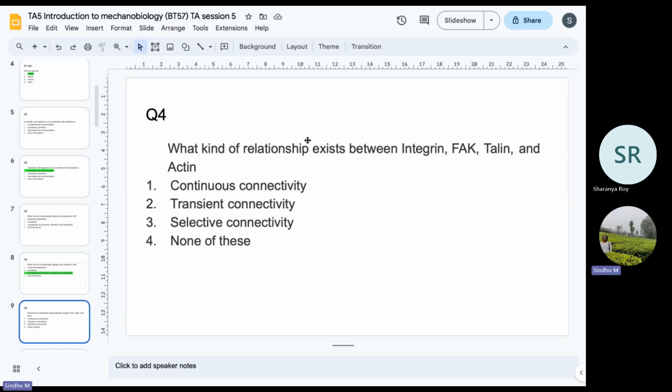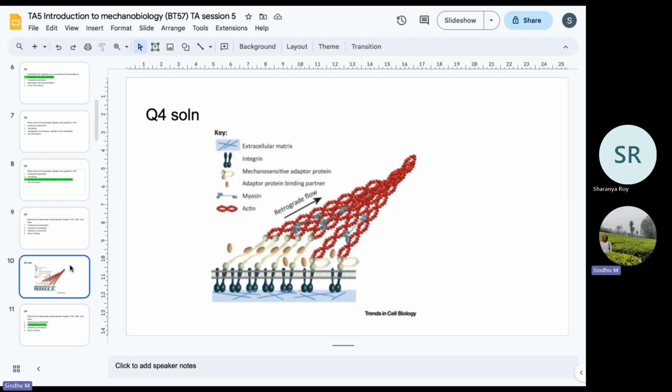Yes, the fourth question is also correct. These are focal adhesion proteins and they are all connected to each other. But whether the connection between integrin, talin, and actomyosin filaments forms depends on the substrate stiffness. On higher substrate stiffness, the connection is more prominent and we see a catch bond phenomenon.